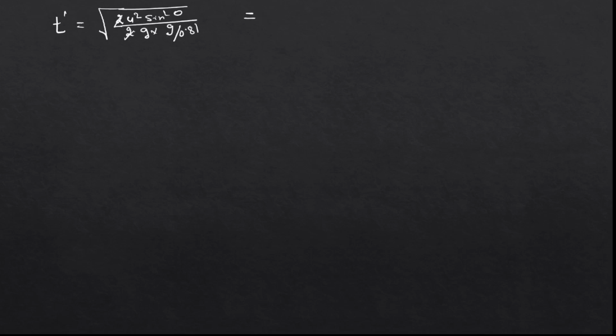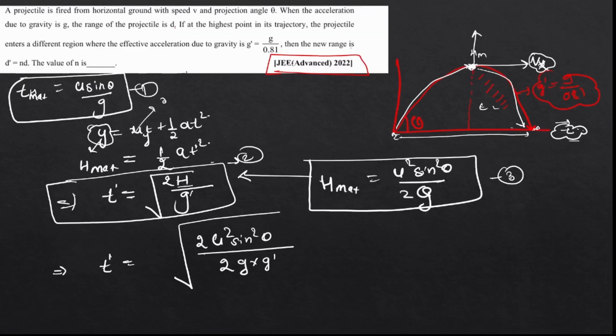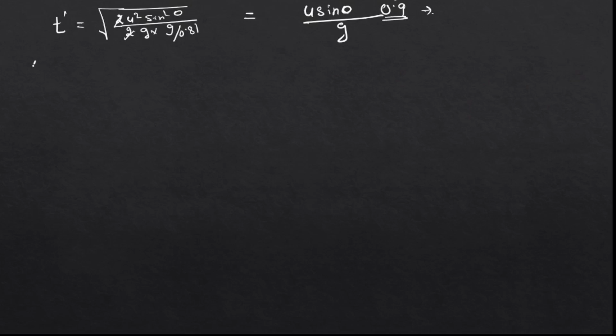From here we can cancel out this 2, and you can see here every term under the square root has its square, right? So I can very well cancel the square root with the square, and we will finally have u into this root 0.81, and this has a value of 0.9, right? So the time that it would take from this point to this point is, that means this t dash is 0.9 times this.